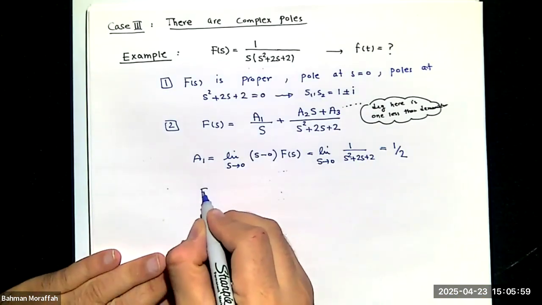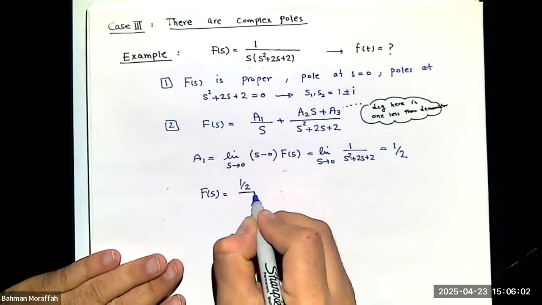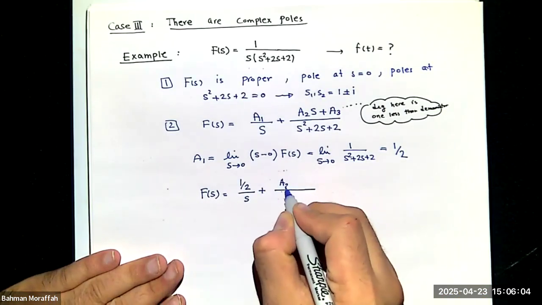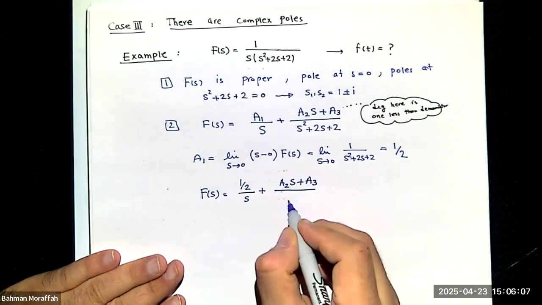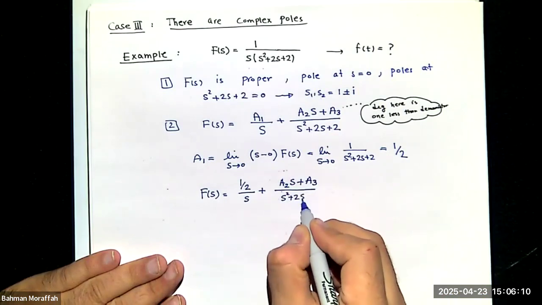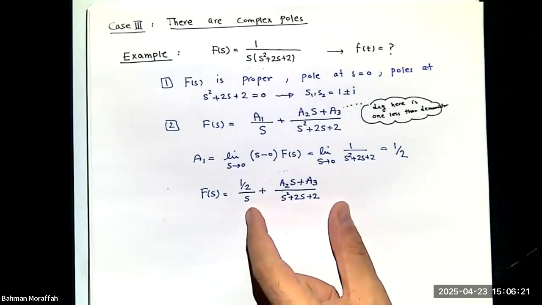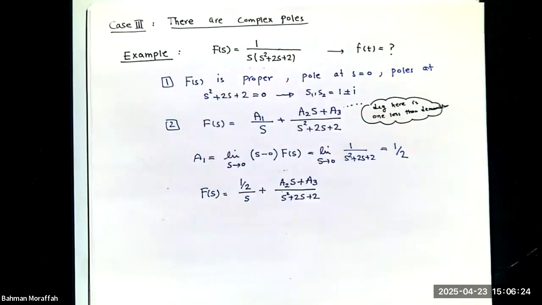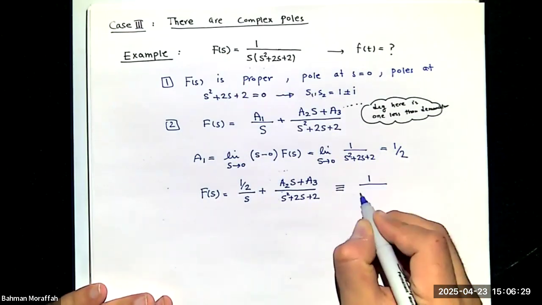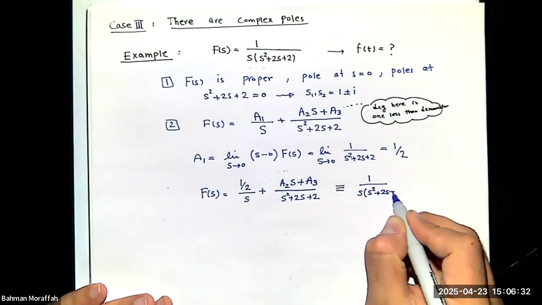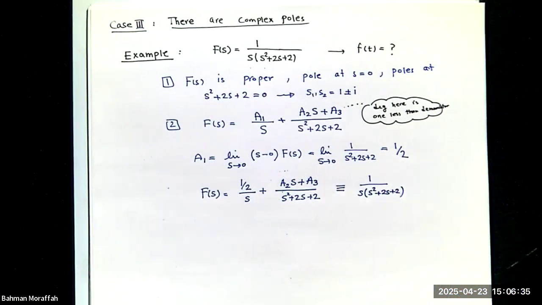So I know my F(s) is one half over s plus (A2 s plus A3) divided by (s squared plus 2s plus 2). Again, we do not have any other way but finding the common denominator and equating this to F(s). I know this must be the same as 1 over s times (s squared plus 2s plus 2). What is the common denominator here?